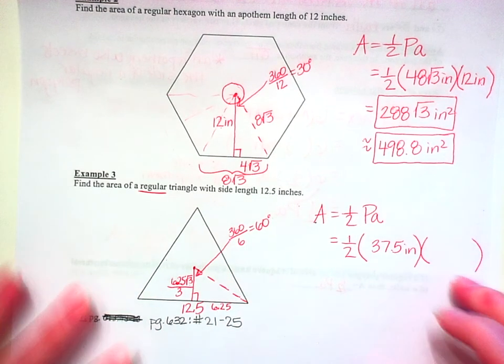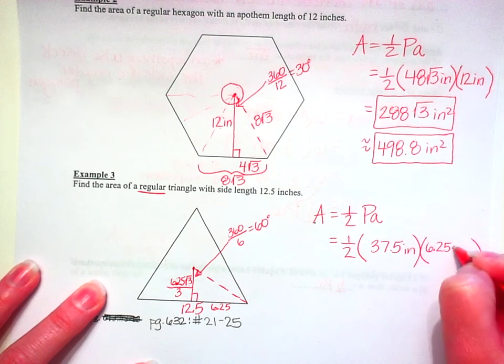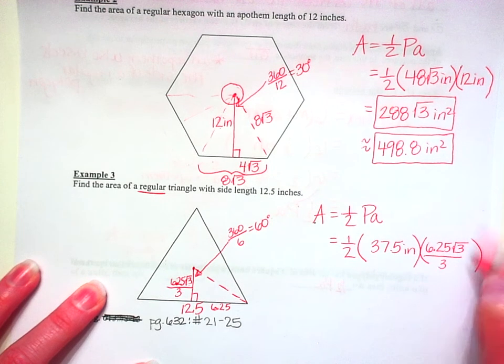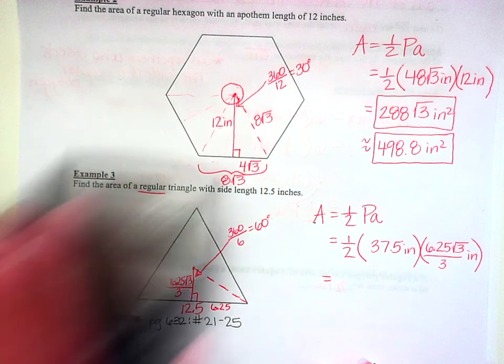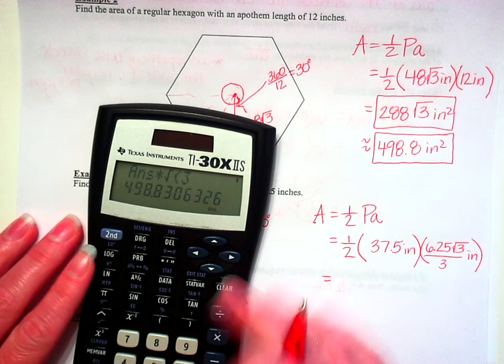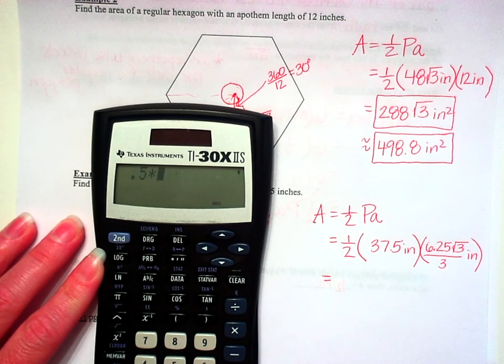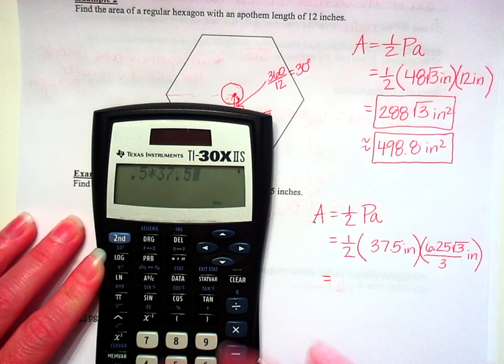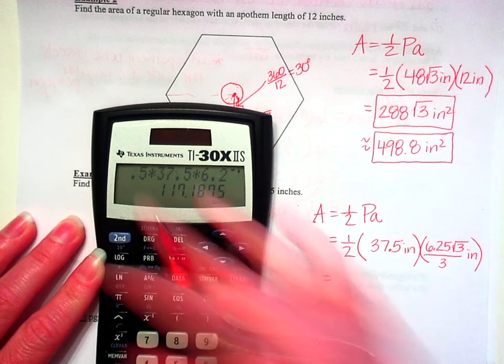Okay, so let's plug that in for the apothem. And then we're going to take the calculator, and we're going to do 0.5 times 37.5 times 6.25. I'm going to hit enter, and I'm going to see if I can divide that by 3 and still see all the numbers.